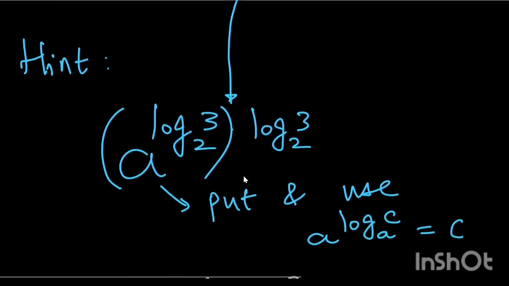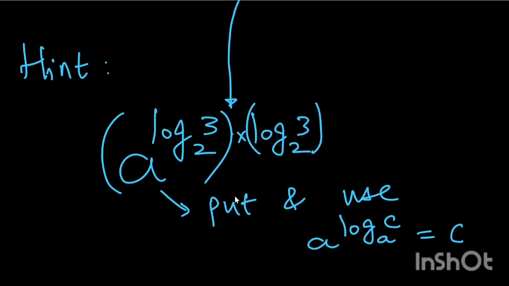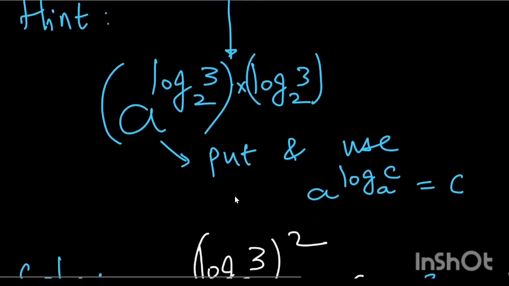A to the power log 3 base 2 whole square we can split as log 3 base 2 into log 3 base 2. And now this value we will put what is given in the question, which is 8, and solve using this formula. You will get the answer.